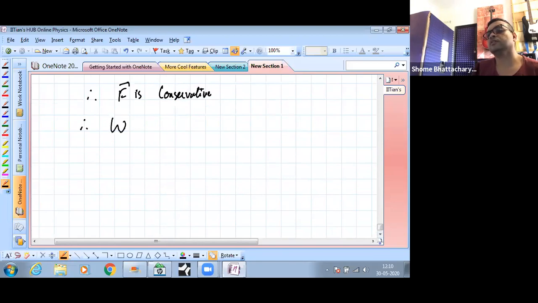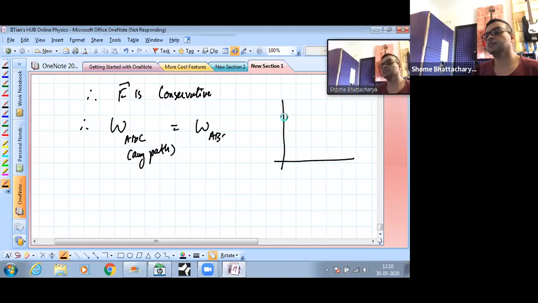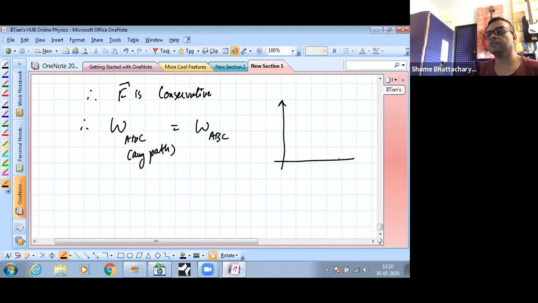Therefore, work done from A to C for any path is equal to work done along the path ABC. So again, going back to that diagram, the path ABC, we could have individually calculated the work done from A to B, and then from B to C. So for A to B, you would have seen that the differential displacement is just dx i cap.